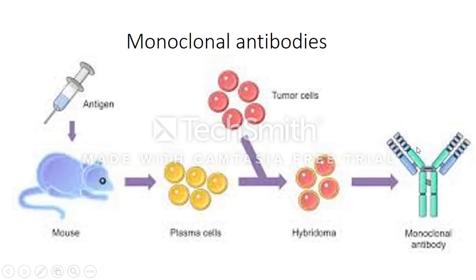So now when we use these antibodies, we first use a primary antibody to attach to the protein of interest, and then we use secondary antibodies to bind to the primary antibody, and they have the fluorochromes attached.